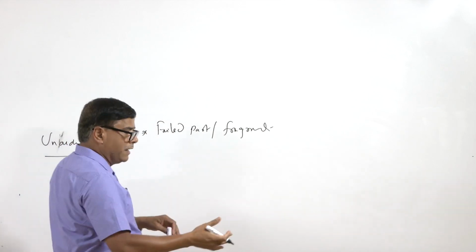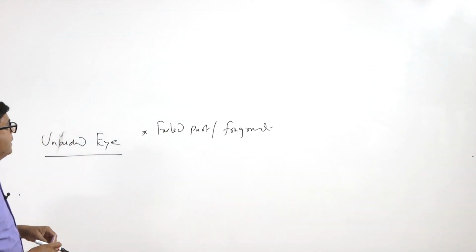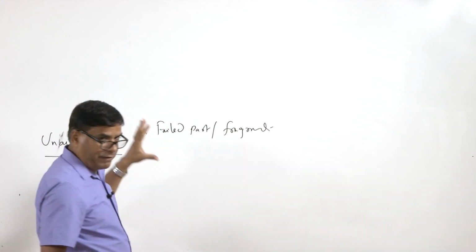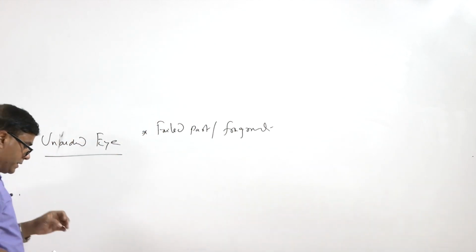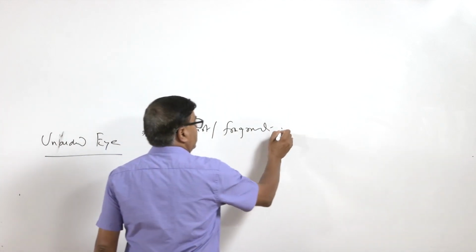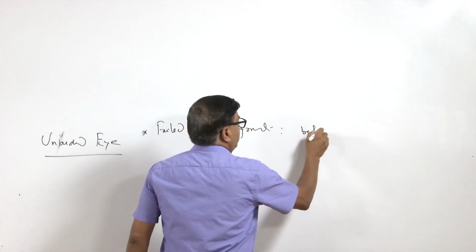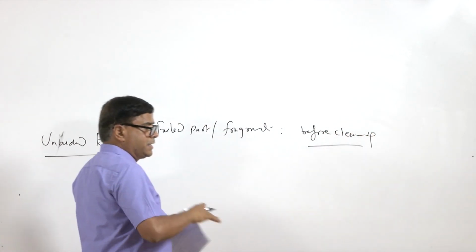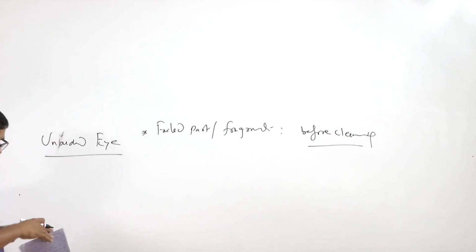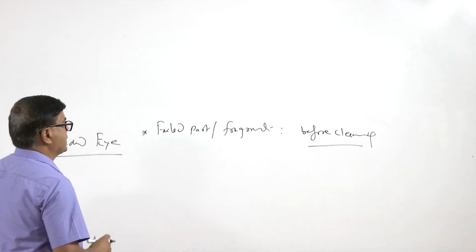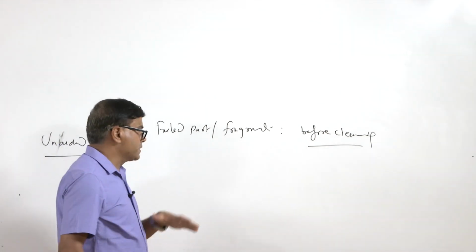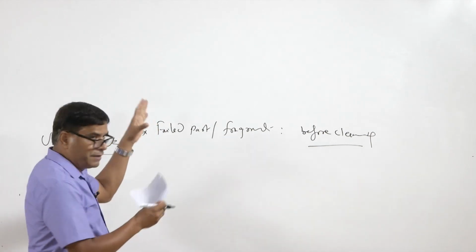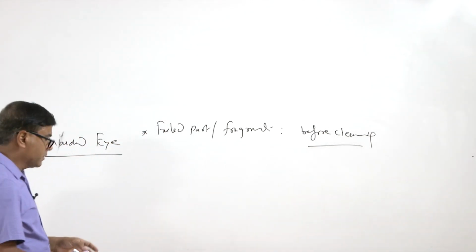Efforts are made to establish the relationship of the fragments with the main failed component, and of course all these things are done before cleaning, no cleaning, just after the failure, just after the accident, to see where what was present and how the different parts of the failed component can be related with the main system or component which has failed.